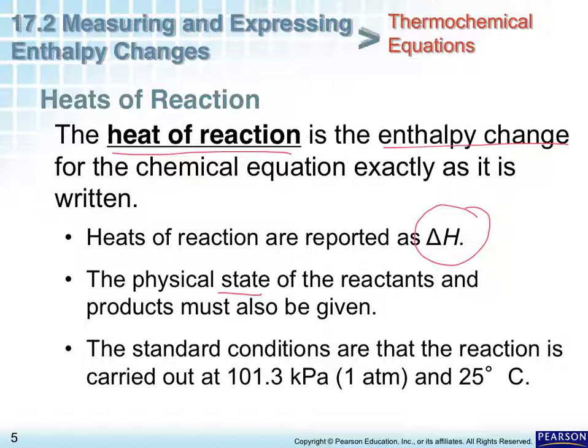And we would also understand that when we give delta H, it's under what are called standard conditions, 1 atmosphere and 25 degrees Celsius. Now that's not the same as STP for gases, which is 1 atmosphere and 0 Celsius. So a little different there. Basically it's room temperature, 25 Celsius.